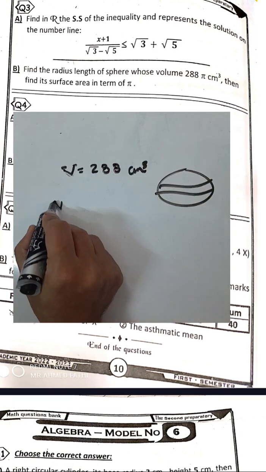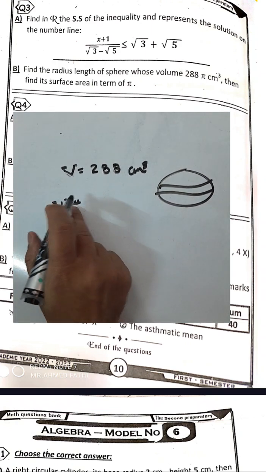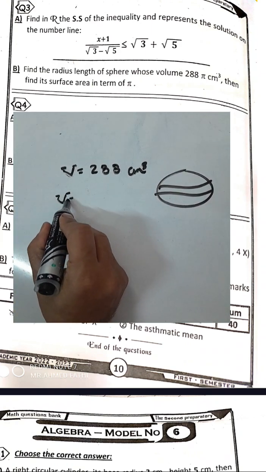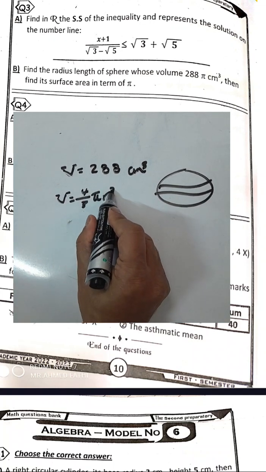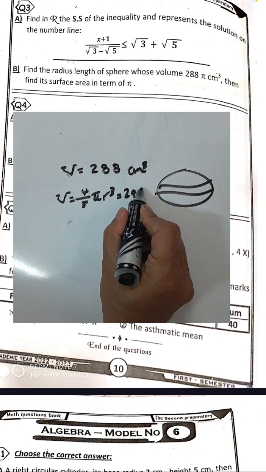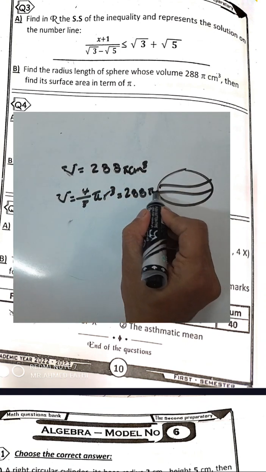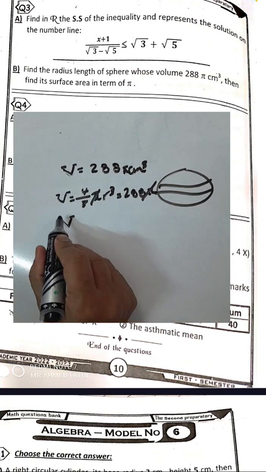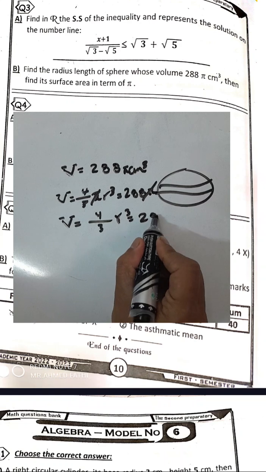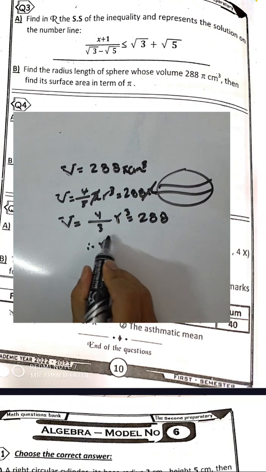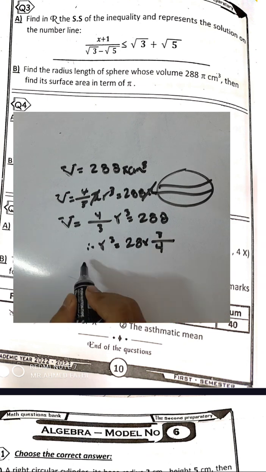We know the volume of a sphere equals 4 over 3 pi r power 3, and he gives us the volume 288 pi. You can cancel pi with pi. And 4 over 3 r power 3 equals 288. Then r power 3 equals 288 times 3 over 4.